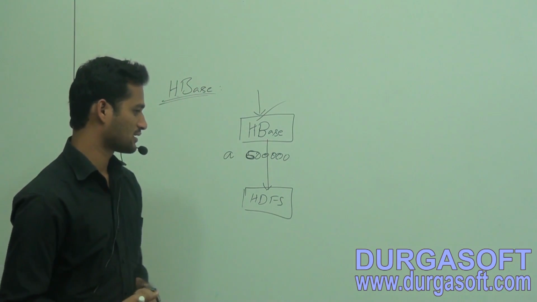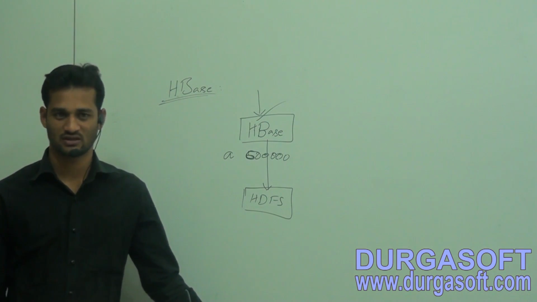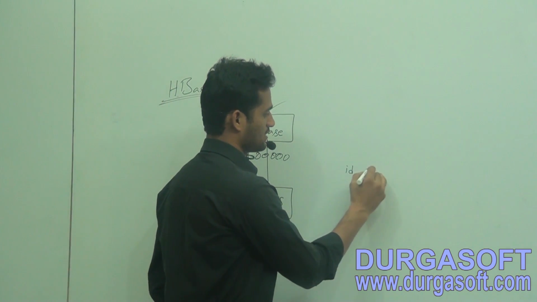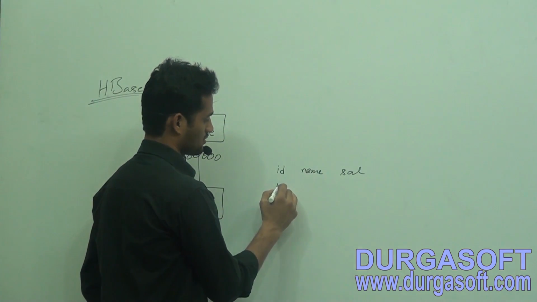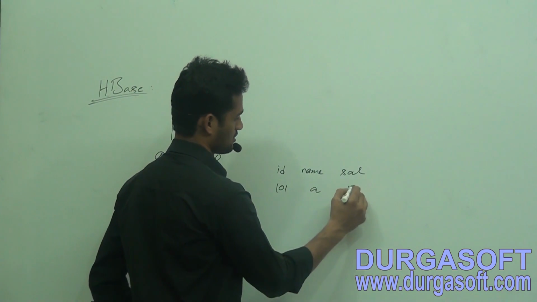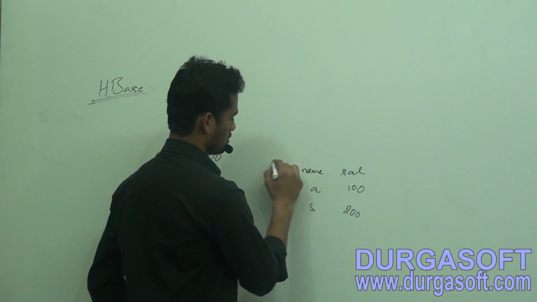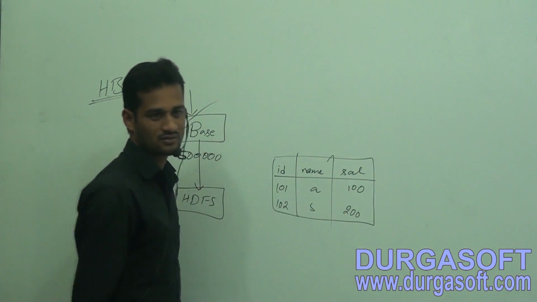Okay, before that, let me show you. We are saying that data will be taken in some column formatted way here, right? So how does it seem? Suppose I'm giving ID, name, salary. I'm giving 101 A 100, 102 B 200. What is this format here? Row format.